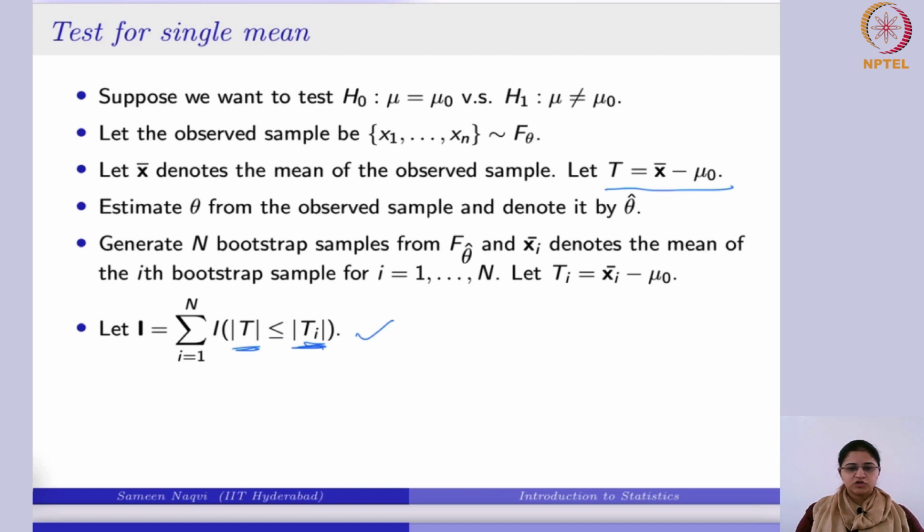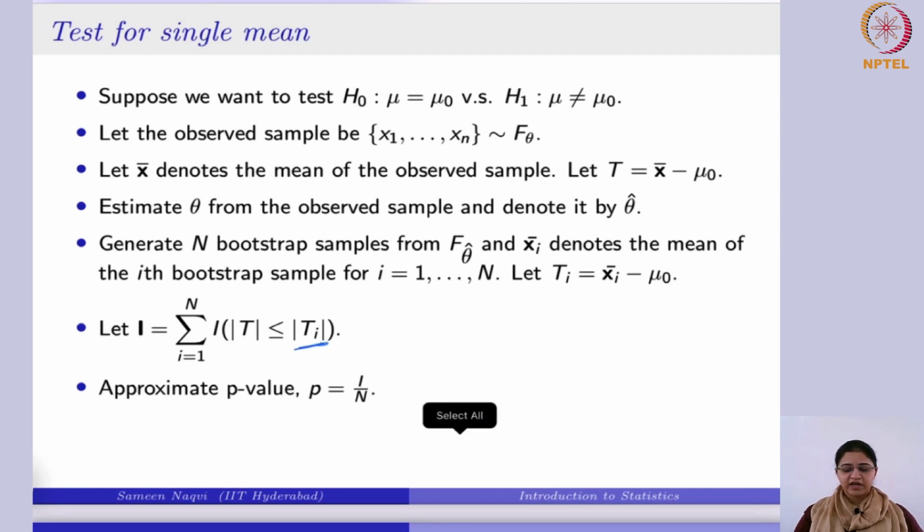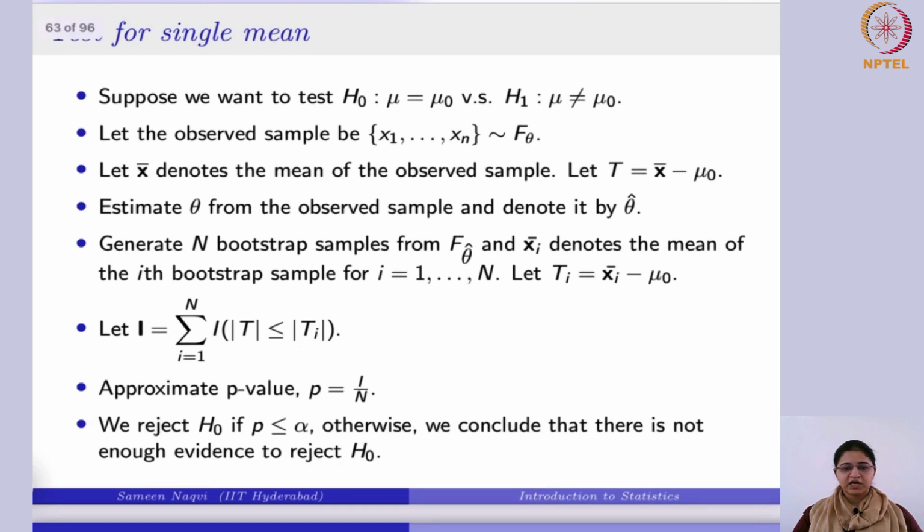And then you will compute your p-value, which is basically the proportion of the Bootstrap test statistics that are as extreme as or more extreme than what you have already observed, that is your t. And finally, you would reject the null hypothesis if p is less than or equal to alpha. Otherwise, you conclude that you do not have enough evidence to reject the null hypothesis.